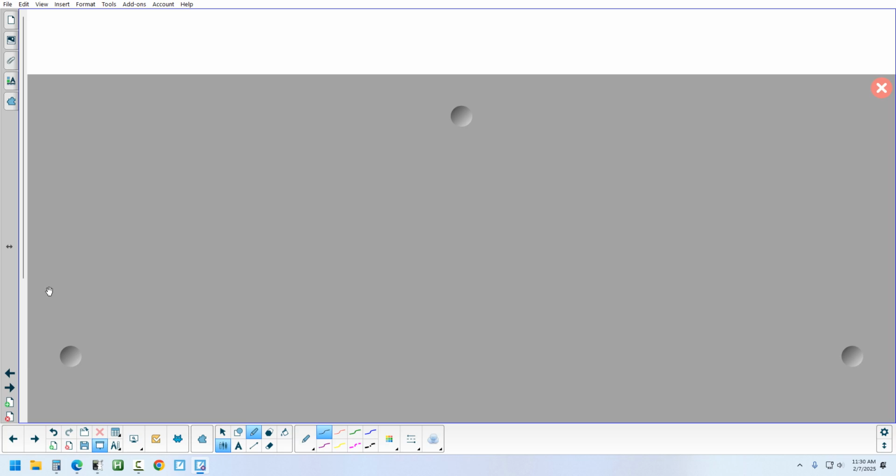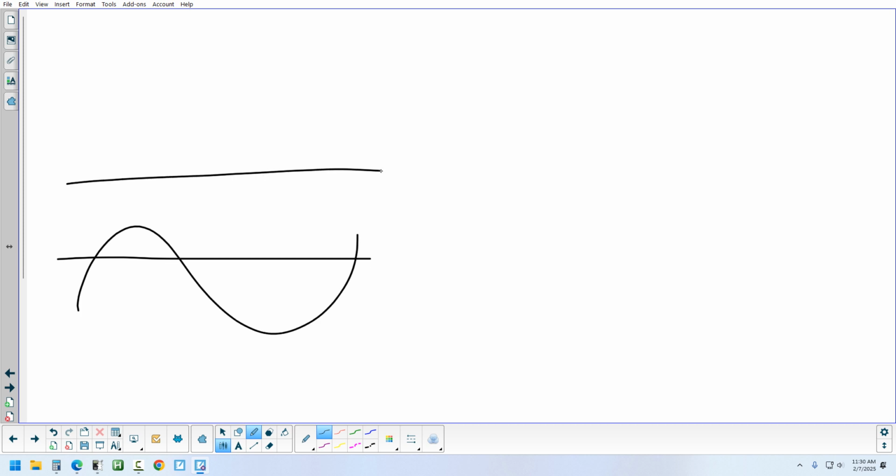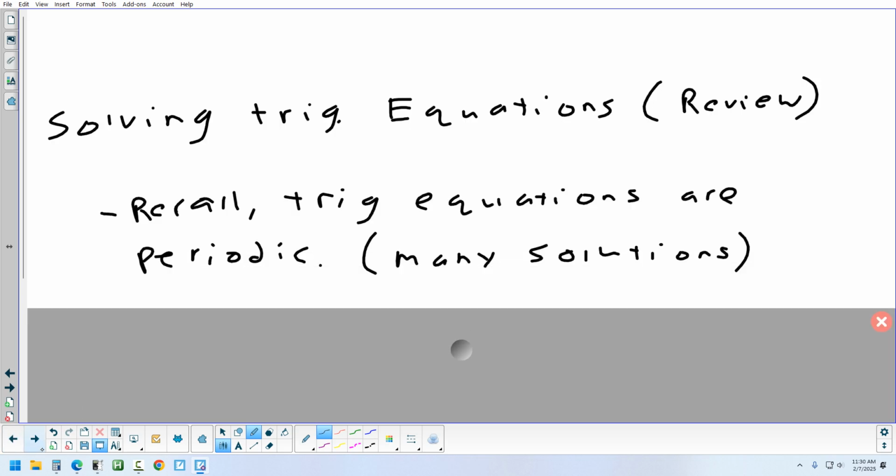Either it's going to cross infinitely many times or 0. Those are the only two things. If the line is somewhere in the range of the wave, it's going to cross infinitely many times. If it's outside the range, then it crosses 0 times.